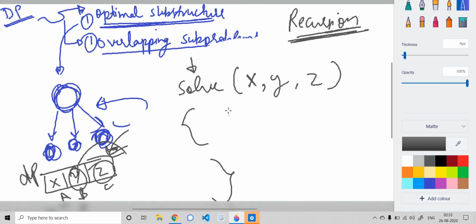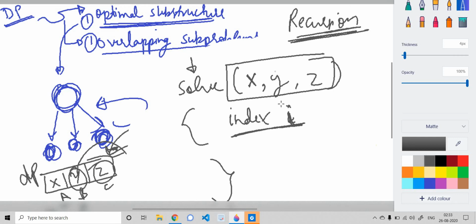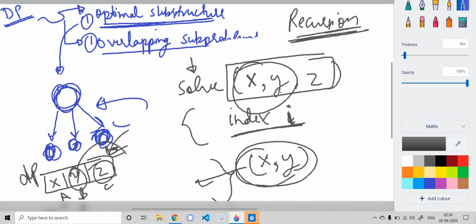For example, if we are calling our recursive function on index I, this index can be used to uniquely identify a particular recursive call. Also there can be more such arguments. We can have a combination of x, y arguments which will uniquely identify a recursive call. Now these arguments are called states.